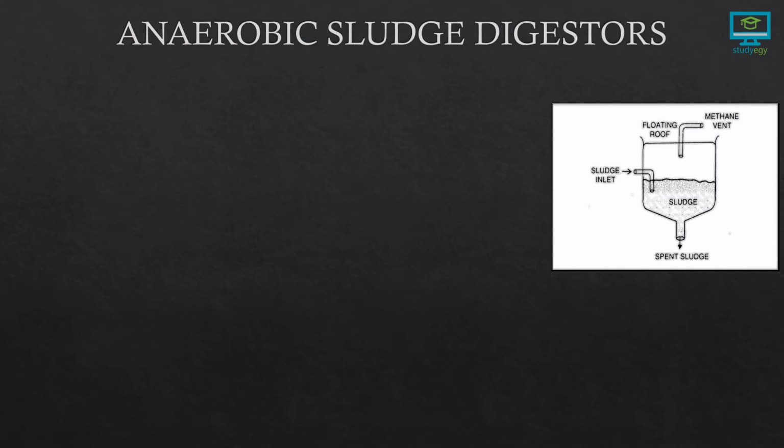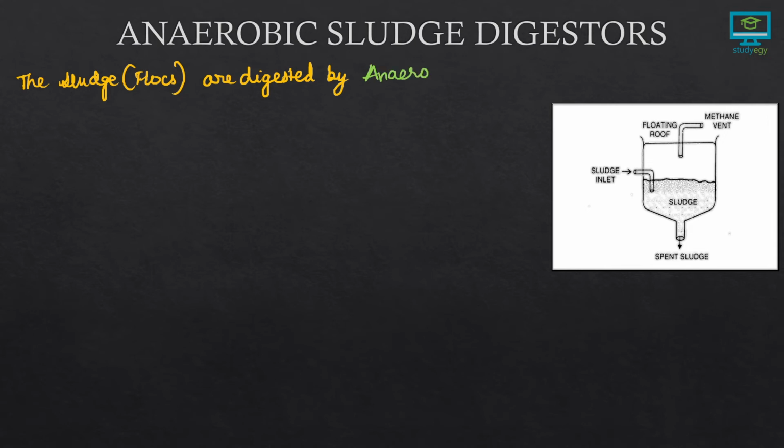Now what happens in these anaerobic sludge digesters? The sludge, or the flocs, are digested by the anaerobic methanogenic bacteria.